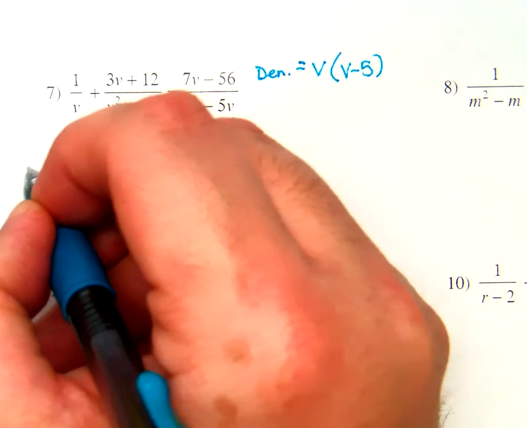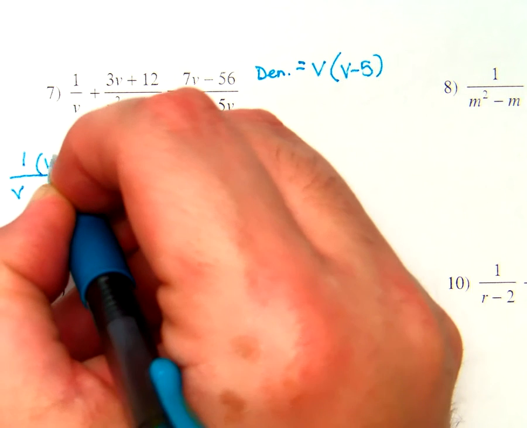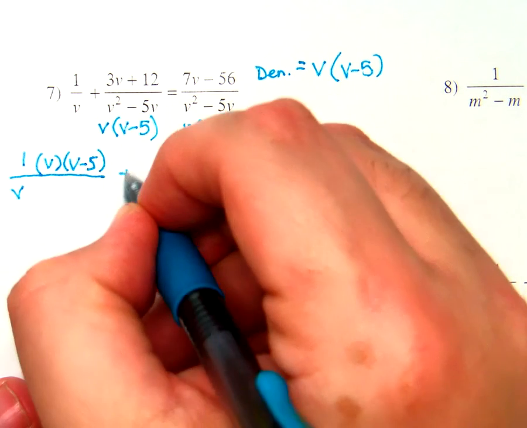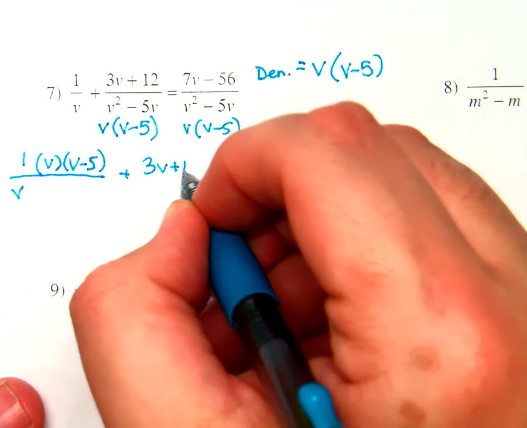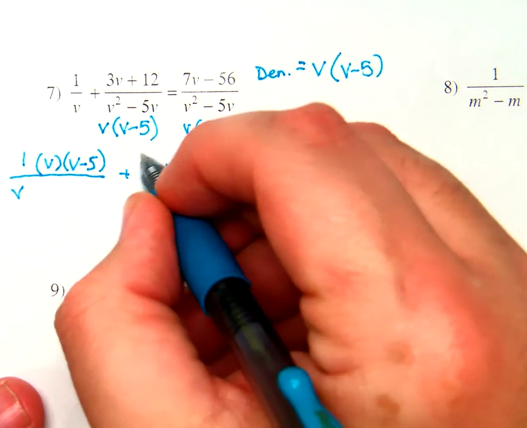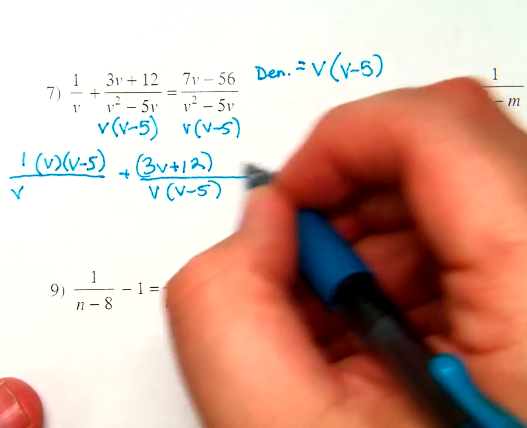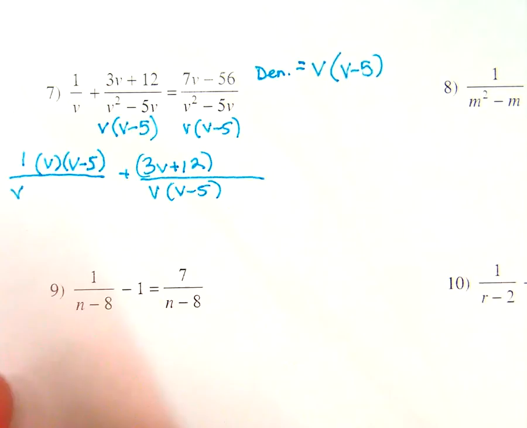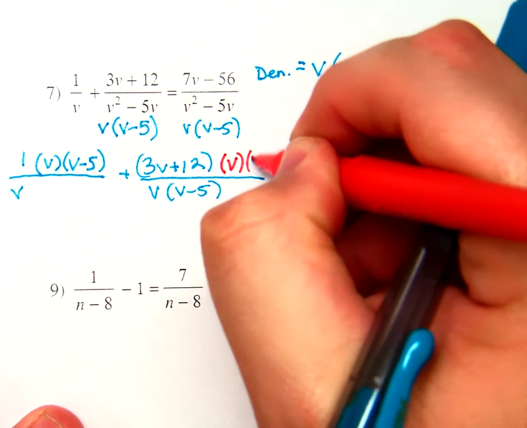we can take this and say 1 over v times v minus 5 plus 3v plus 12 and then I'm going to multiply that by the common denominator, v minus 5.